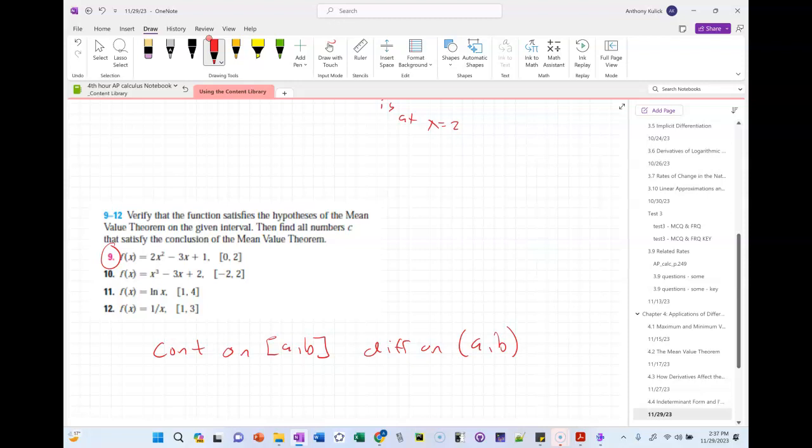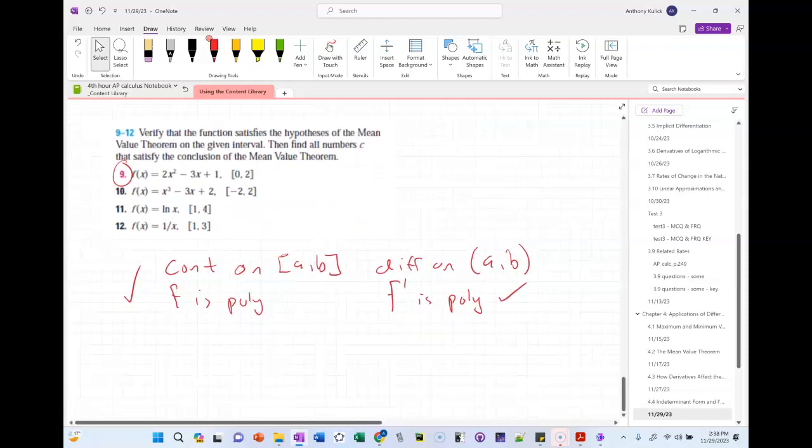Also a polynomial, right? So that should be good. That works for me. Now you could show me what the derivative of f is just to verify it's a polynomial, but that's good enough.